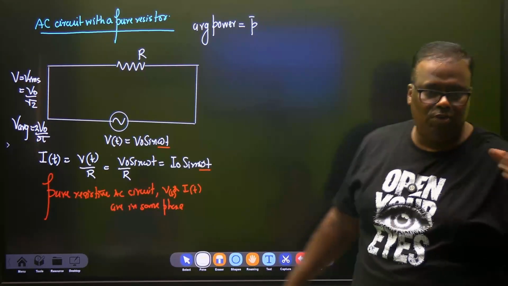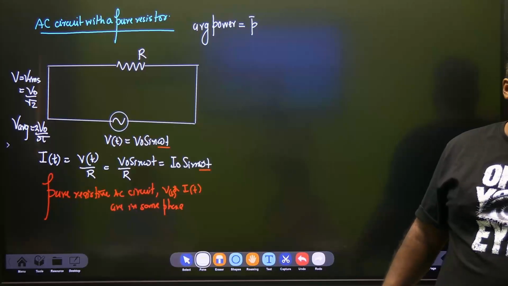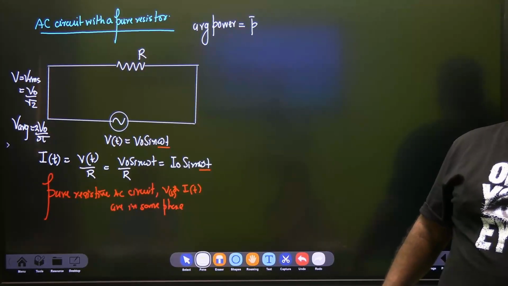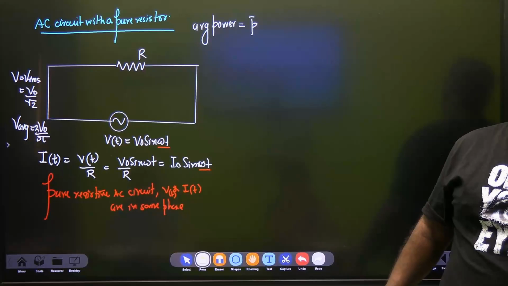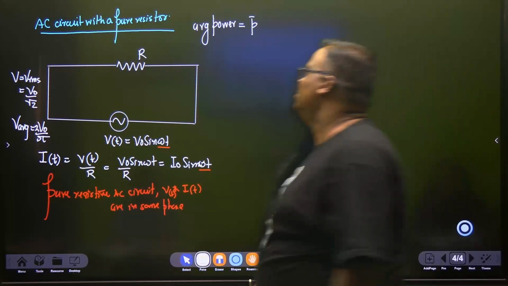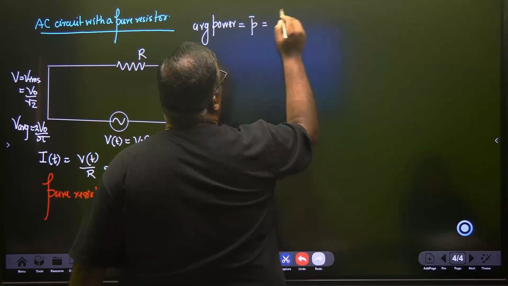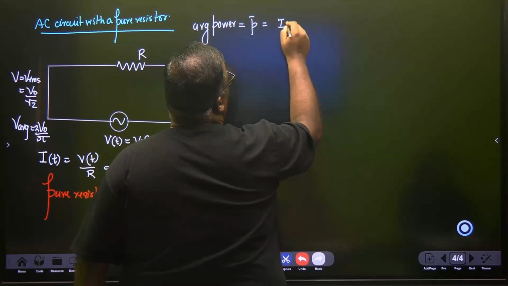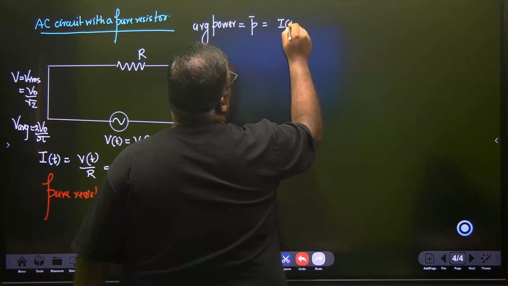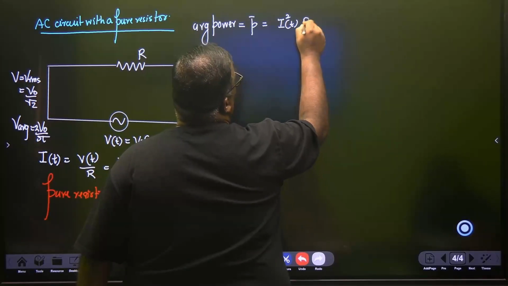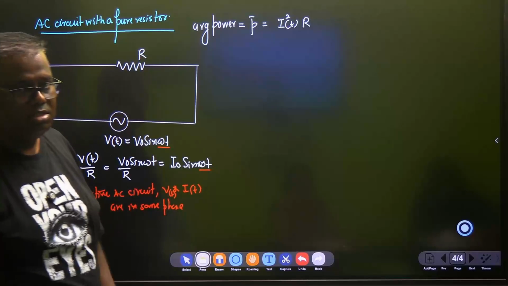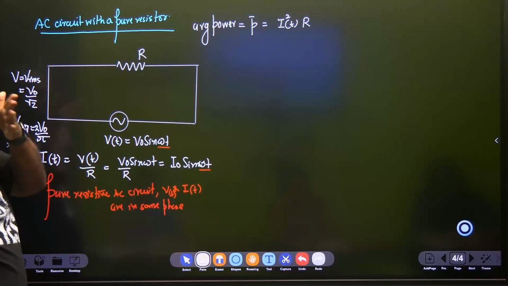Because the current in a cycle makes a positive cycle as well as a negative cycle, but it is I square. So all the negatives will go away, right? So the power will be given by I at t square into R.